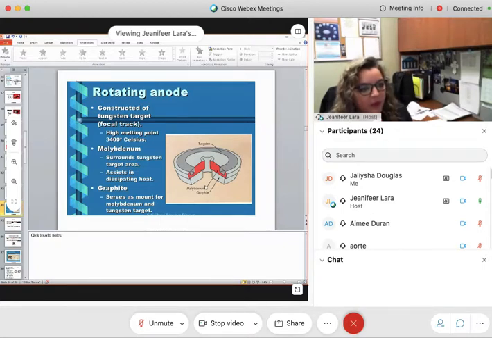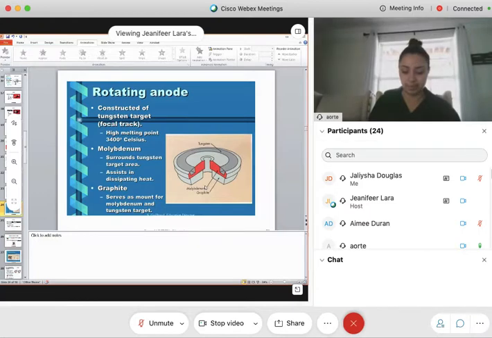What is the rotor made up of, Aurora? It's made of metal. Iron. Oh, iron. There you go. Iron. Good. What is the stator made up of, Pamela?